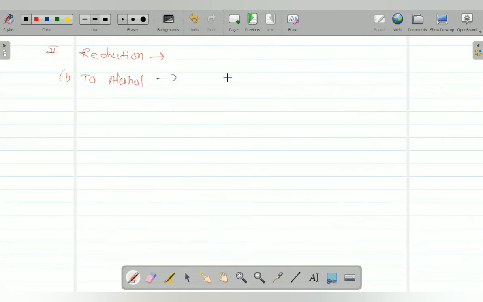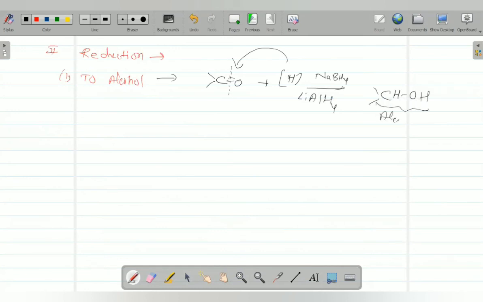Suppose you take C double bond O and reduce with the reducing agent NaBH4, sodium borohydride, or LiAlH4. They will supply hydrogen to both, and this gives CH and OH. This is what? Alcohol.